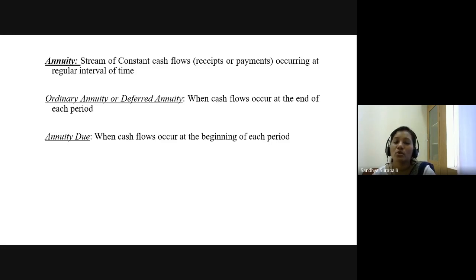Okay. So we can calculate what is the present value and what is the future value of an annuity cash flow. Now, the other day I showed you timeline notation. You can have cash flows either in the beginning of the year or at the end of the year.